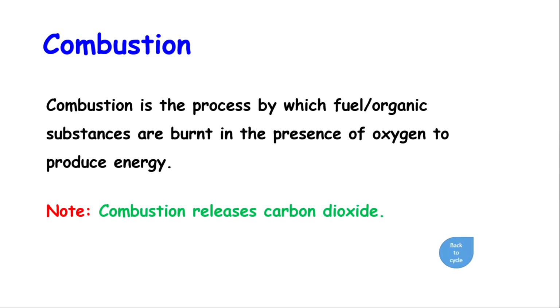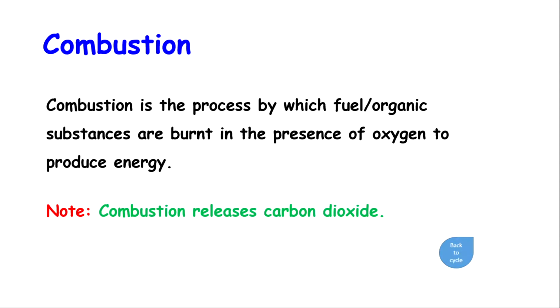But very, very important to note at this point, folks, is that combustion releases carbon dioxide, all forms of combustion, all forms of burning. So driving your car, producing electricity, lighting a piece of paper, wood, grass, whatever you burn will produce carbon dioxide.